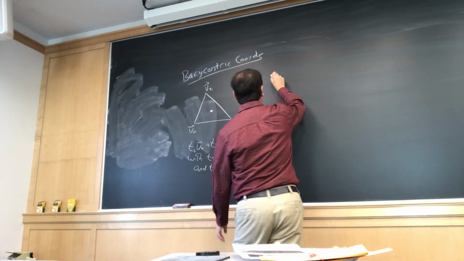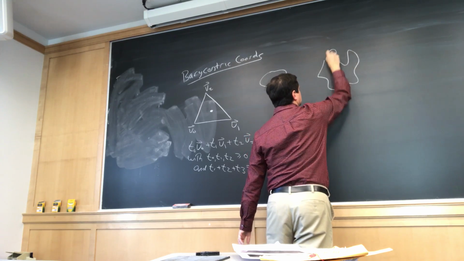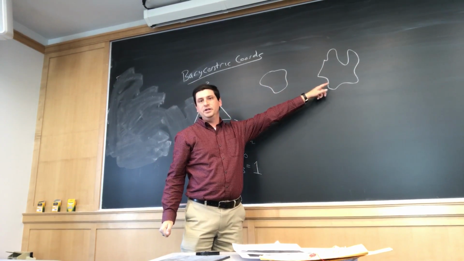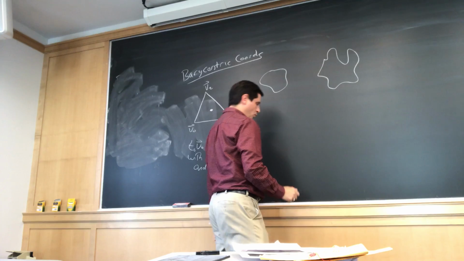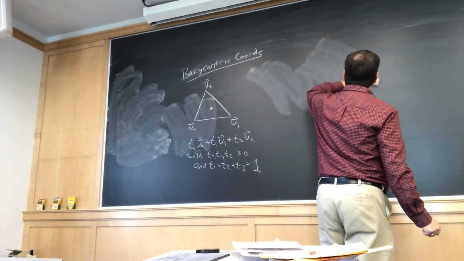So imagine we have 2 different objects. And we understand one. Do we understand the other? So let's imagine we have, one of our spaces is going to be very nice. Let's say it's a triangle.